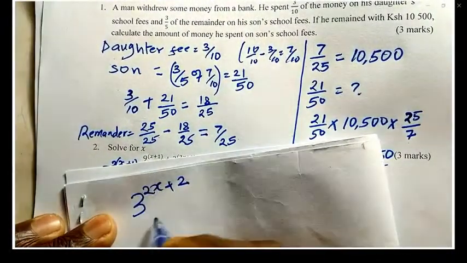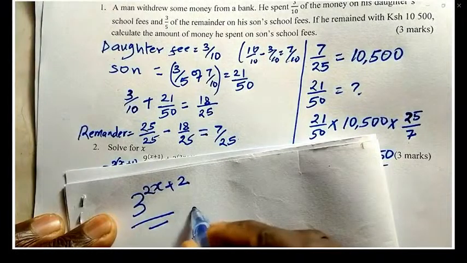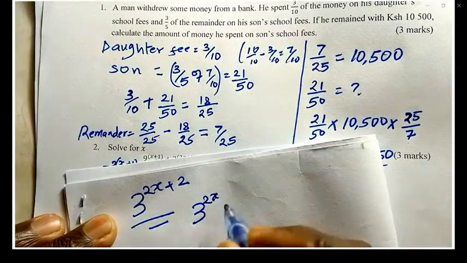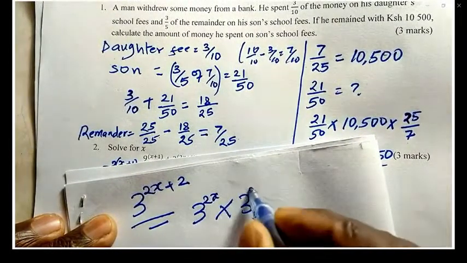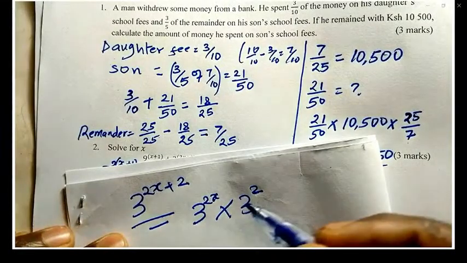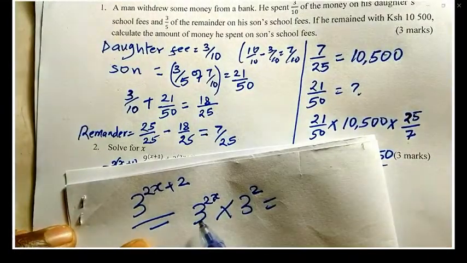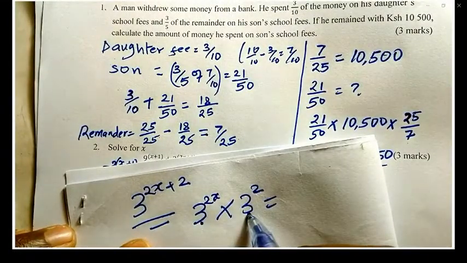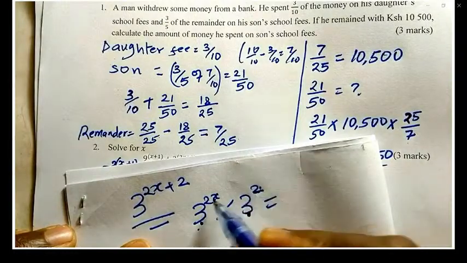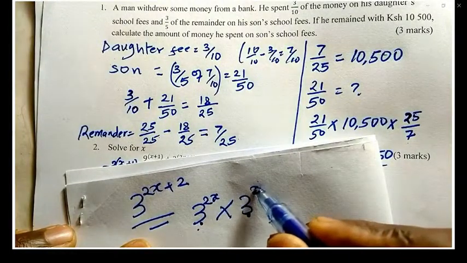Hii namba ni nini? This number is exactly the same as 3 raised to power 2x times 3 raised to power 2. So wakati tulikuwa tunasoma indices, tulisema these are the bases and this is the power. We call them indices, the index.